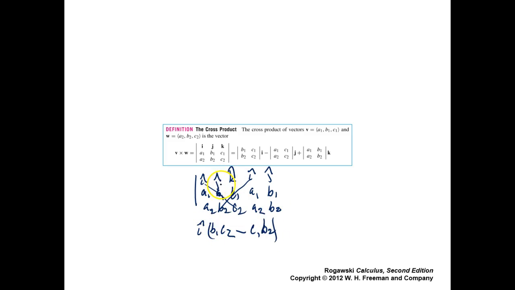J, go this way, and then minus this way. K. Everything that's upper left to lower right is positive, in the opposite direction is negative. So that way you don't have to remember where the minus is. That says it all for you.